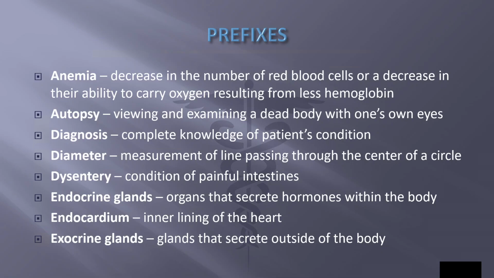And then we have exo. This means outside. The exocrine glands are glands that secrete outside of the body. Examples of exocrine glands are sweat, tear, and mammary or breast glands. These secrete substances to the outside of the body.